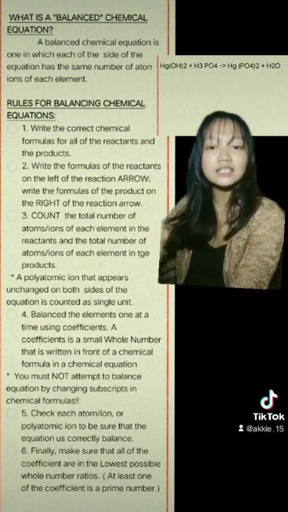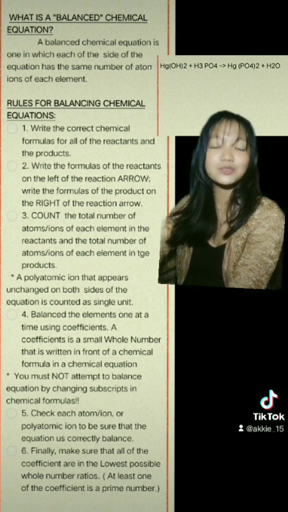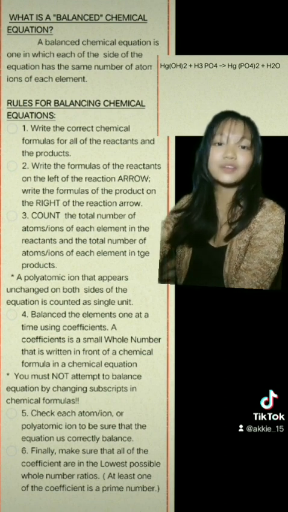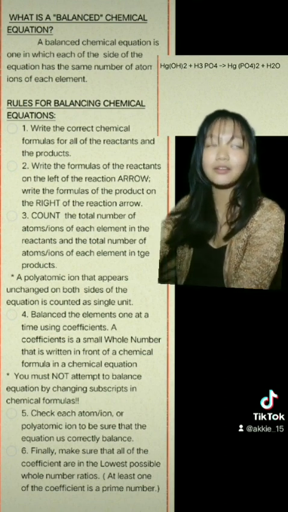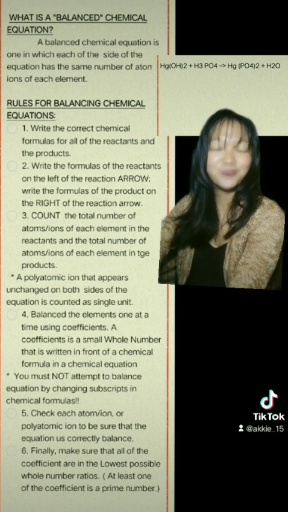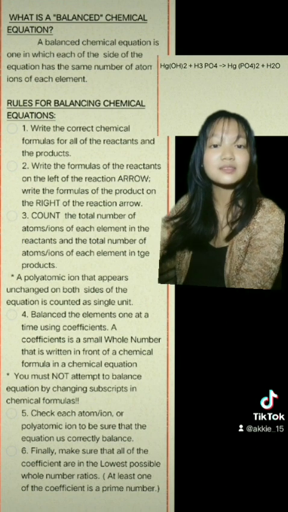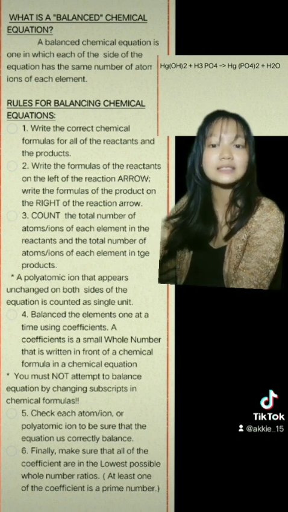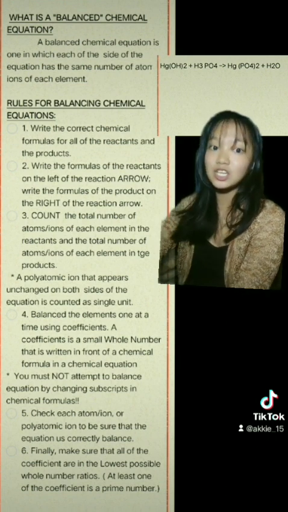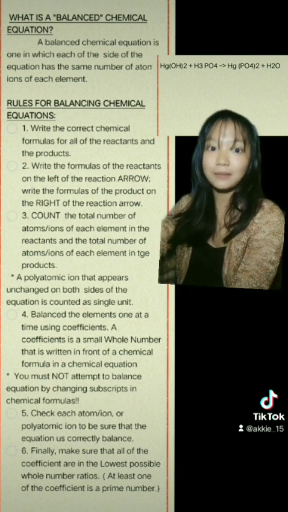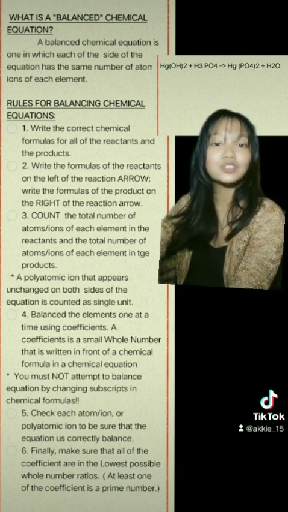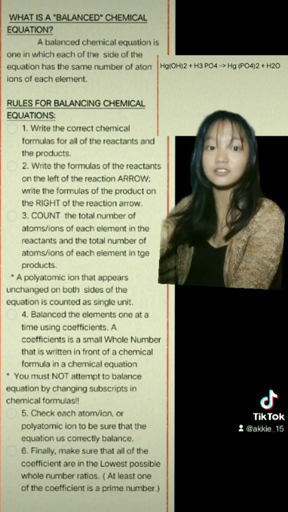A coefficient is a small whole number that is written in front of a chemical formula in a chemical equation. Let us remember that we must not attempt to balance a chemical equation by changing the subscripts of the chemical formulas. We only change the coefficients, not the subscripts.